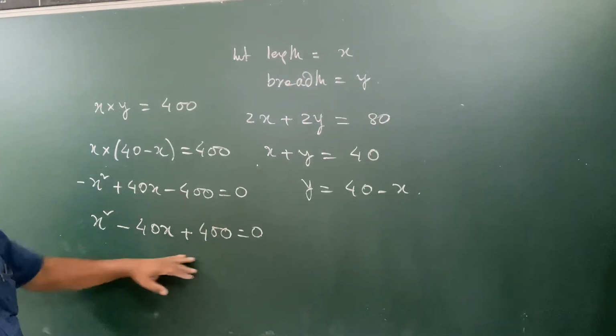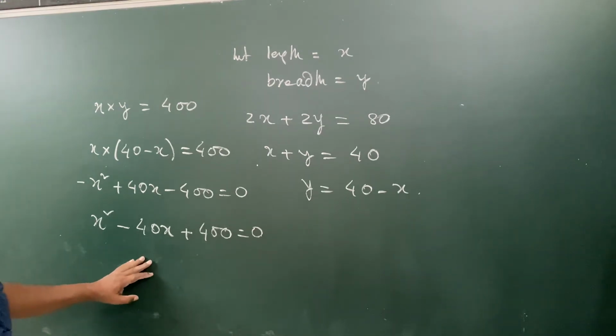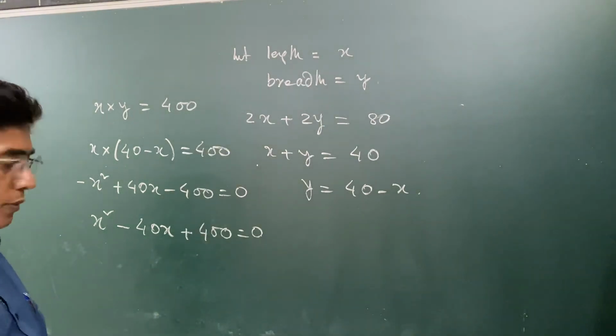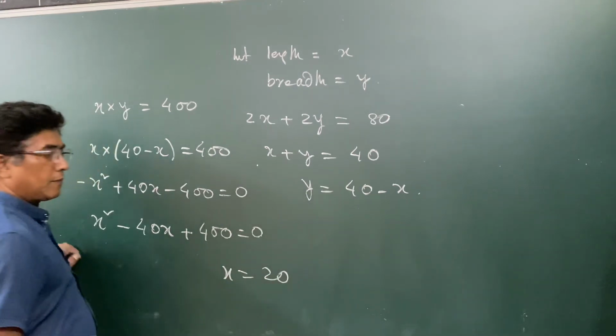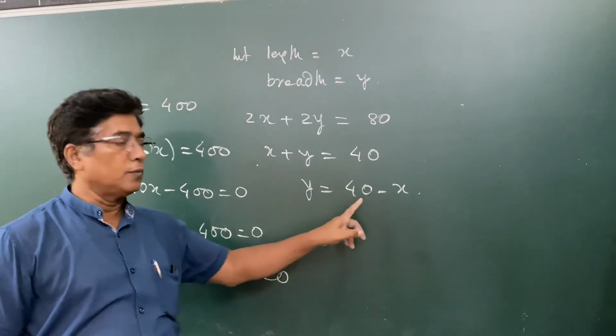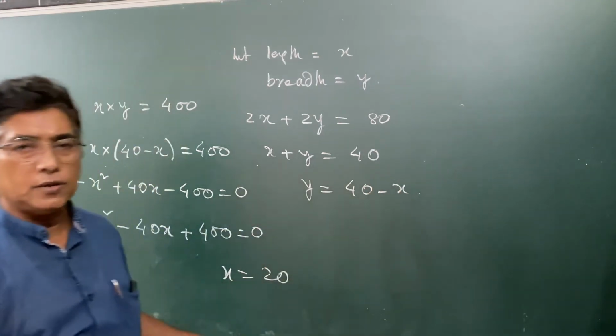Now get b square minus 4ac. You will find b square minus 4ac becomes 0. If b square minus 4ac is 0, both the values are equal. If you try to solve, you will find x is 20. So if x is 20, your y also becomes 40 minus 20, 20. That means length is 20, breadth is also 20.